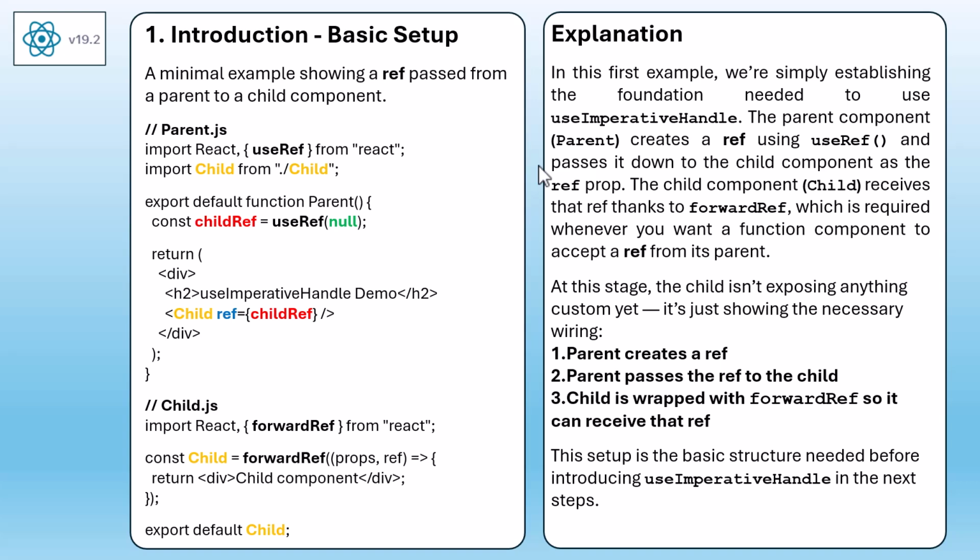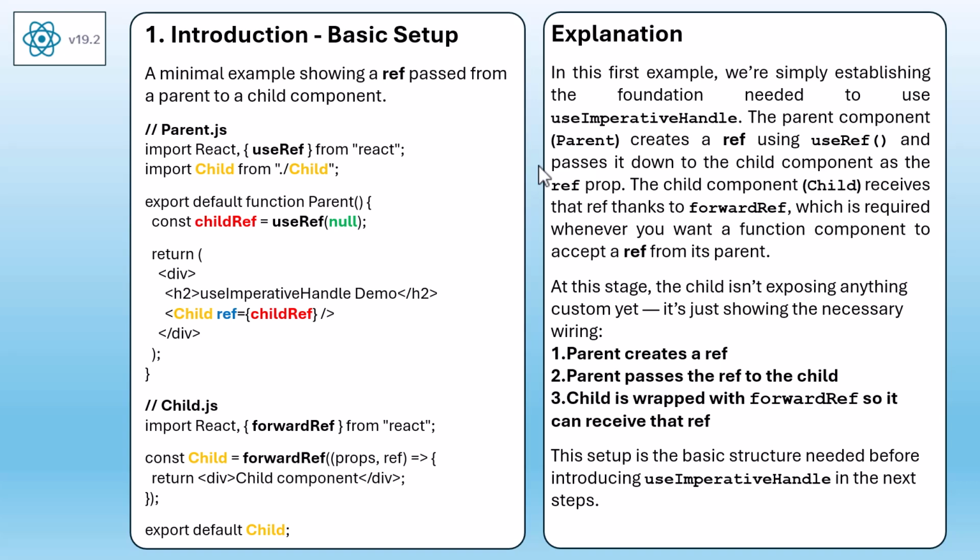In this first example, we're simply establishing the foundation needed to use useImperativeHandle. The parent component, Parent, creates a ref using useRef, and passes it down to the child component as the ref prop. The child component, Child, receives that ref thanks to forwardRef, which is required whenever you want a function component to accept a ref from its parent.